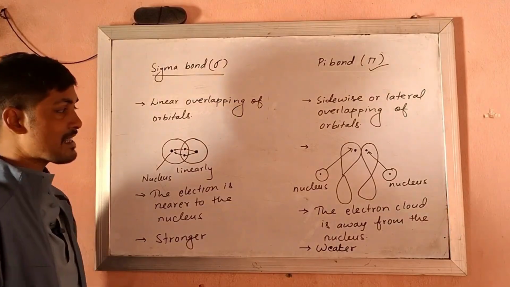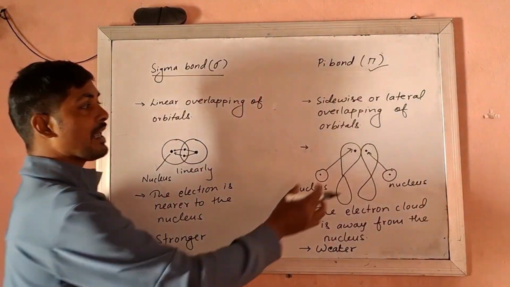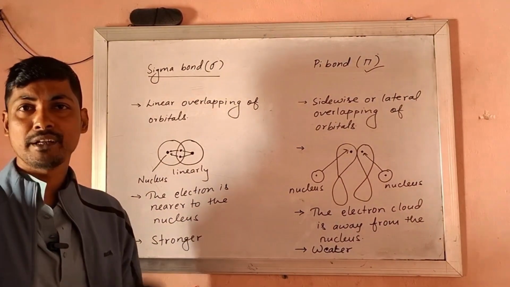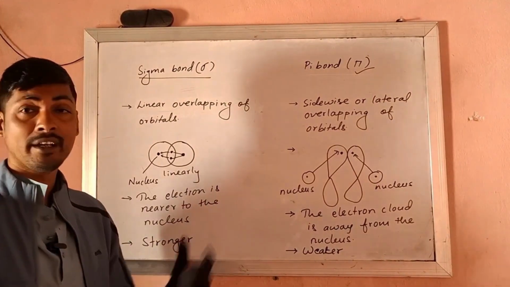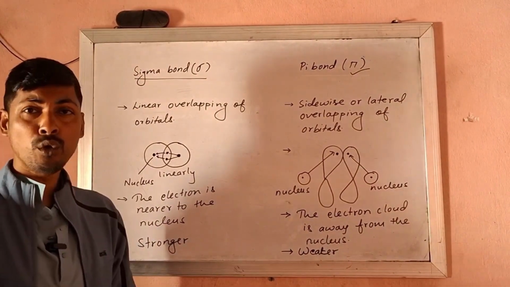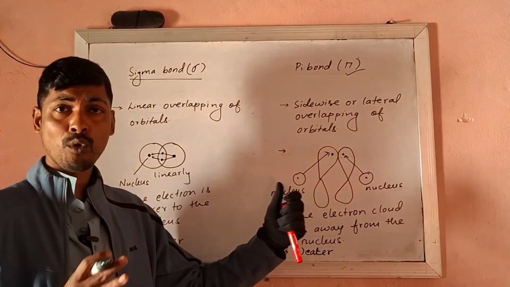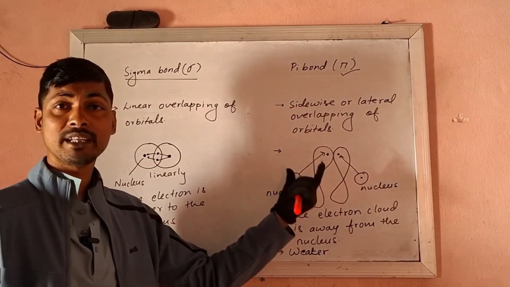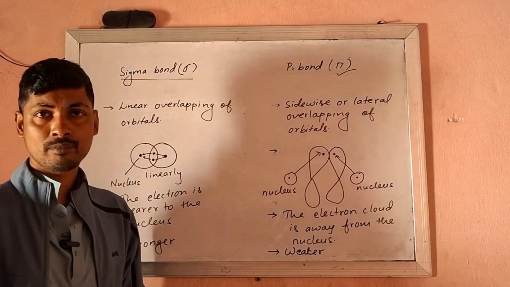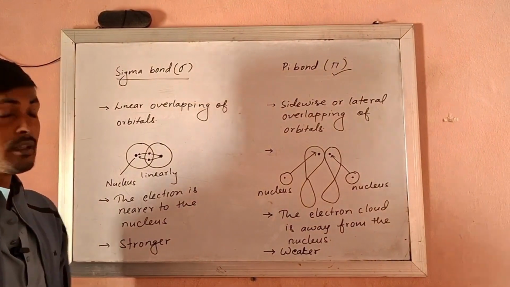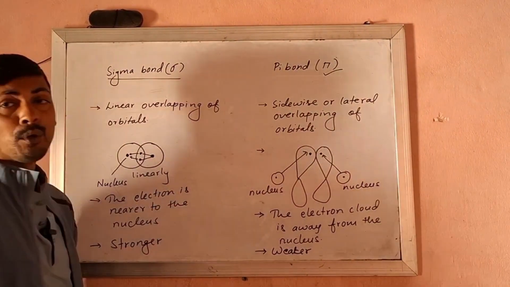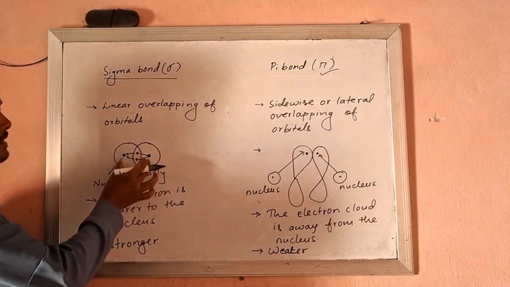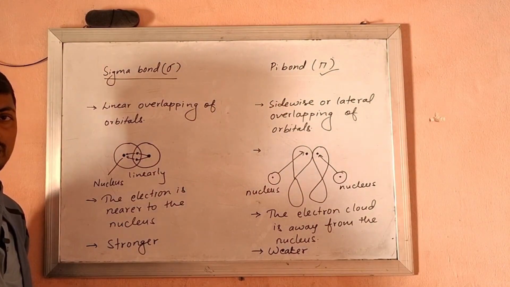Whereas in pi bonding, the two electrons are forming a pair without the permission of their parents. It means they are in a love affair. If their parents come to know, their relationship, their pairing, may break down easily. So this pairing is weaker, meaning the pi bond is weaker, whereas the sigma bond is stronger.